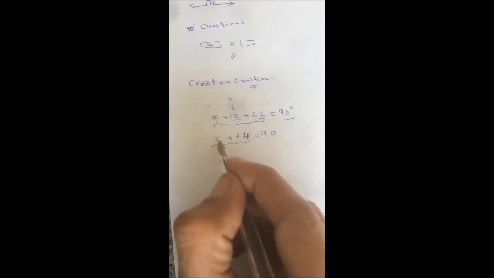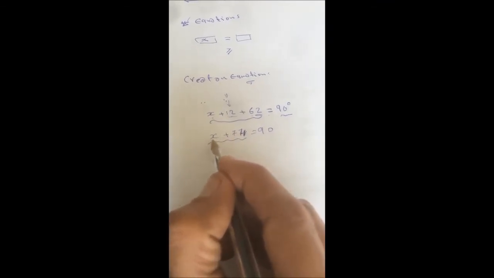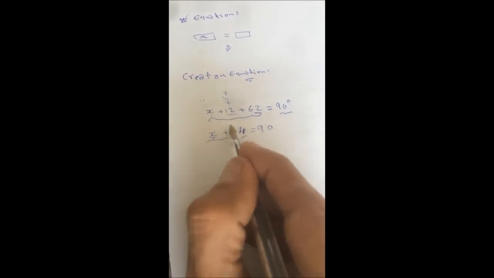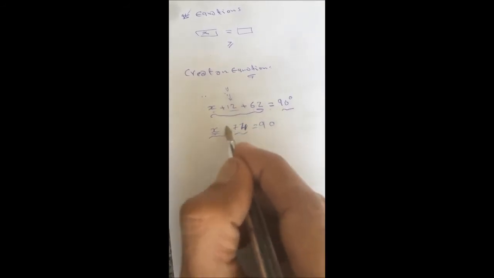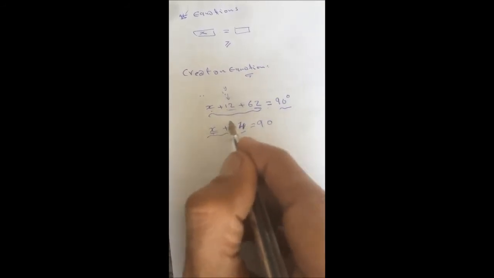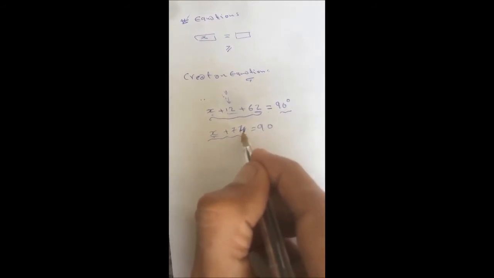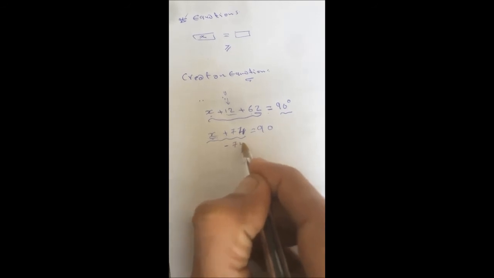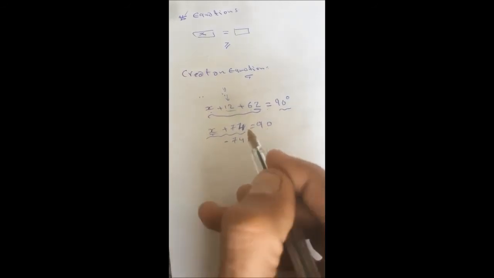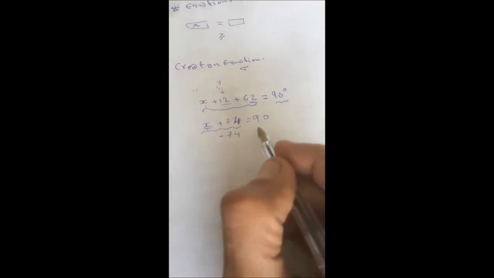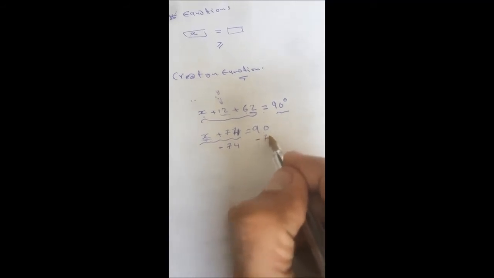The inverse of addition is subtraction. So to get the value of this, you need to cancel any number beside it. So how could you remove it? By inserting the inverse. The inverse of positive 74 is negative 74, and because this equals this, what you do here, you should do there: minus 74.